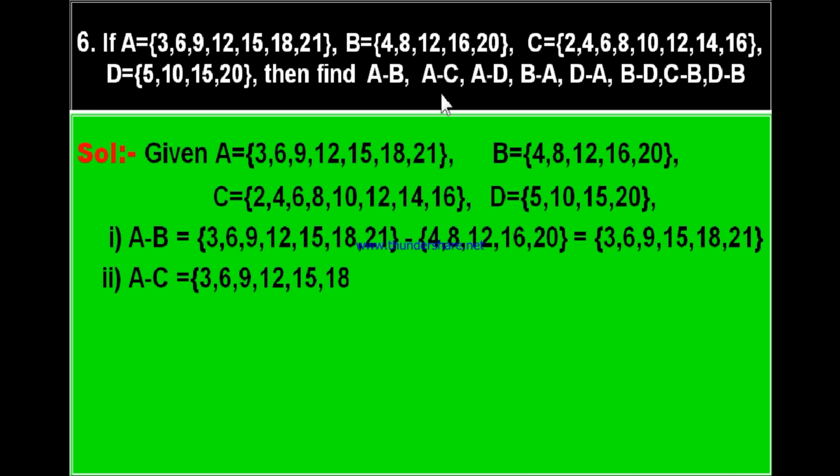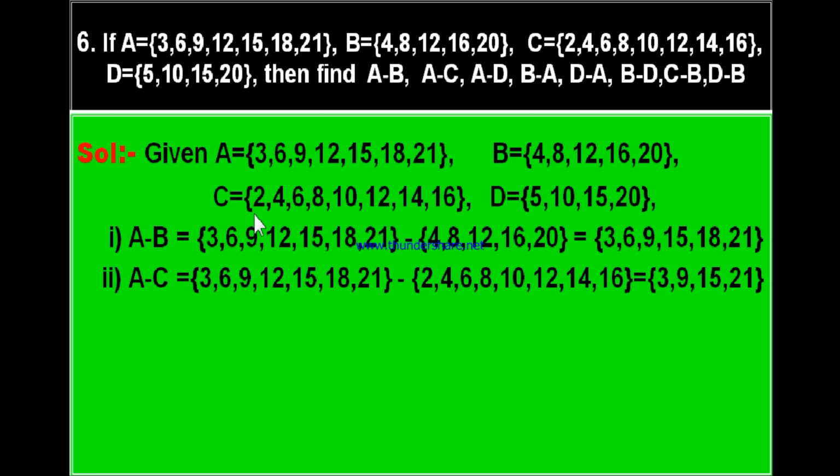And second bit, A minus C. Again write set A minus set C, set of 2, 4, 6, 8, 10, 12, 14, 16. Since it is minus, you come to the first element 3. 3 is in the first set. Then can you find 3 in the second set? 3 is not there in the second set, therefore write 3.